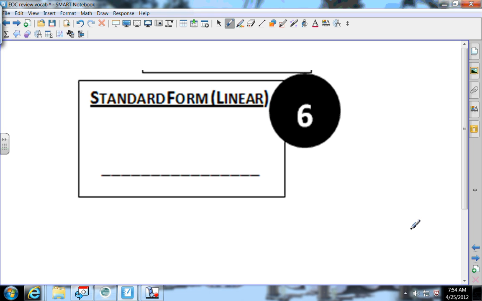All right, what is standard form for a linear equation? Y equals is slope-intercept. What? AX plus BY equals C. This is standard form.